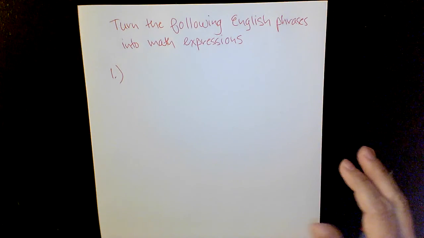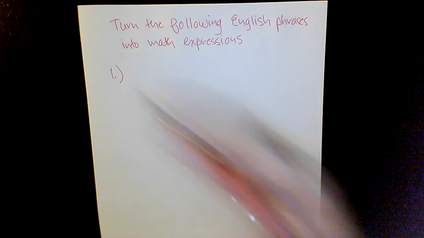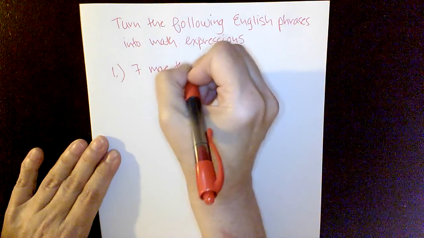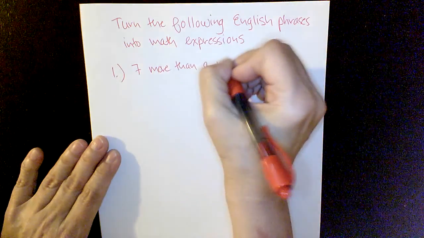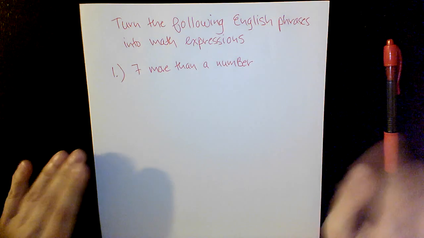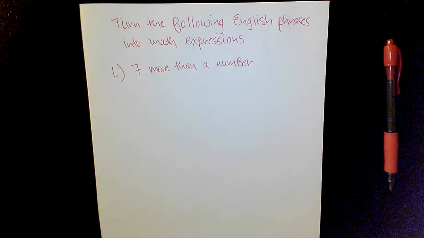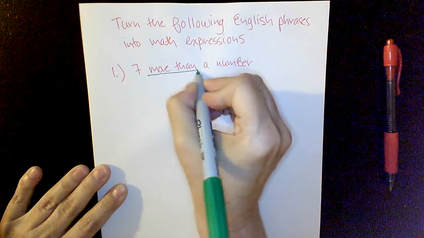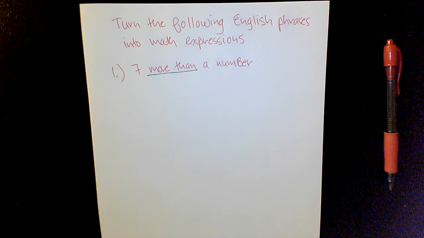Okay, so 7 more than a number. How would I write that? What are my keywords? Well, more than stands out, and I know that means to do what? What operation?